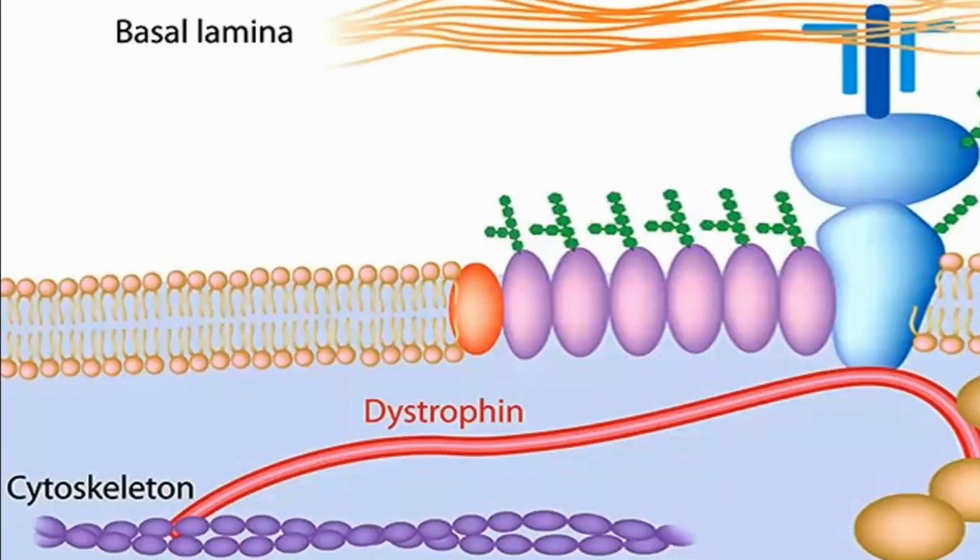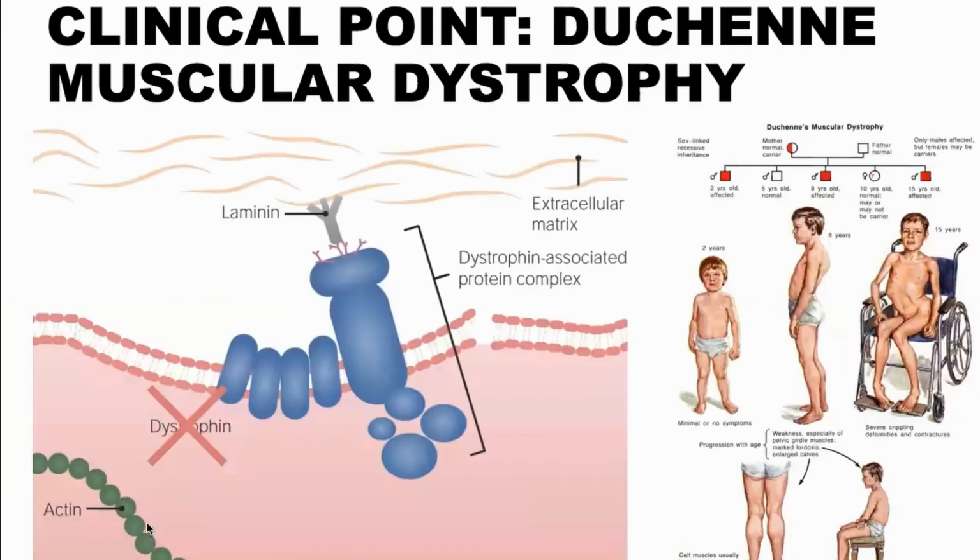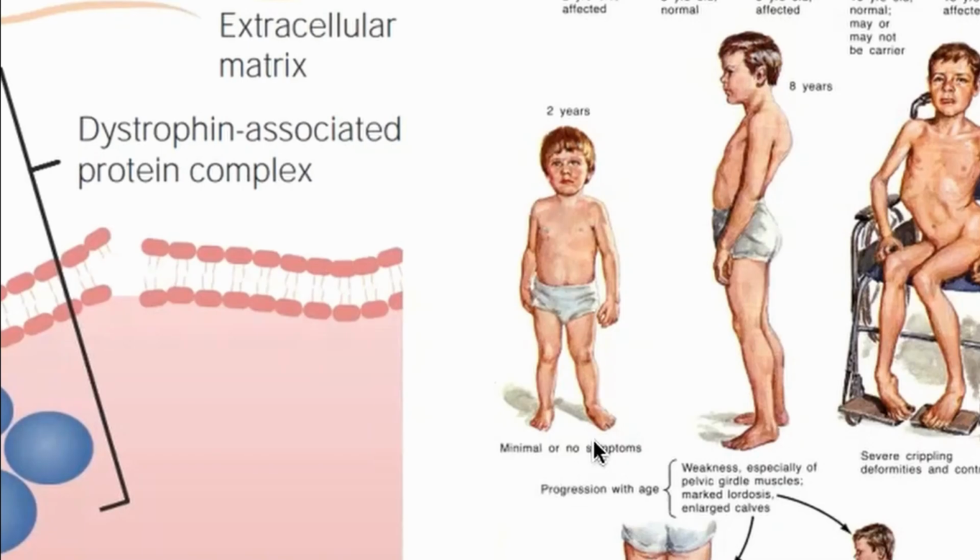This is what it should look like. The dystrophin is supposed to be stabilizing the actin filament while there is a muscle contraction. Here the actin filament is not stabilized, and as a result, there is a dissociated dystrophin protein complex. These people with a mutation on the chromosome end up having kids who are born with no symptoms.